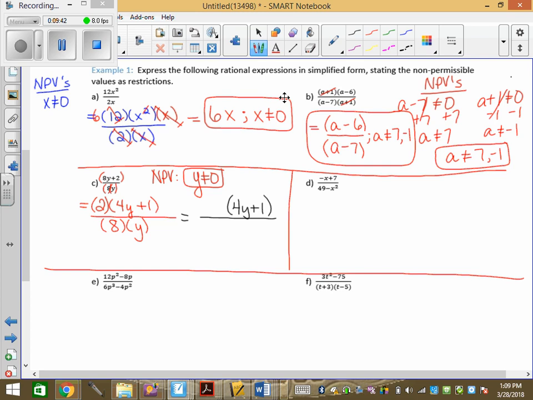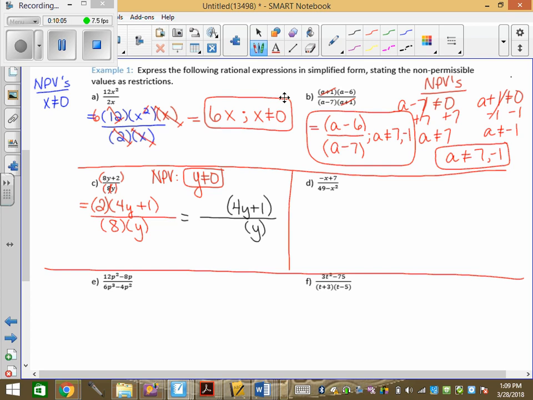There's no match of it in the bottom. Now, some people try and cross this y off in the denominator with this y. Can you do that? No. 4y plus 1 is one entity. You can't cross off parts of it. The only way you can cross it off is if you have a 4y plus 1 in the bottom, sewn together, okay? The y has nothing matching it. It goes to the bottom. What about the 2 and the 8?